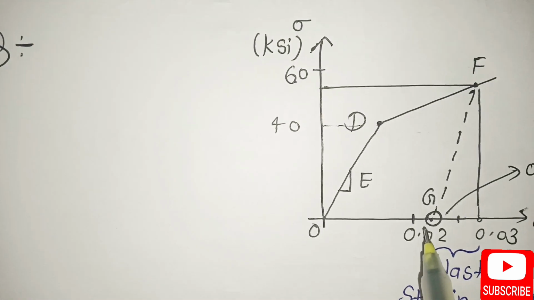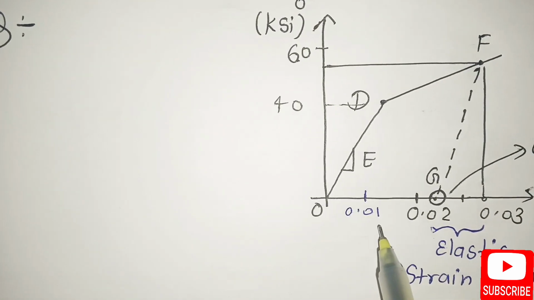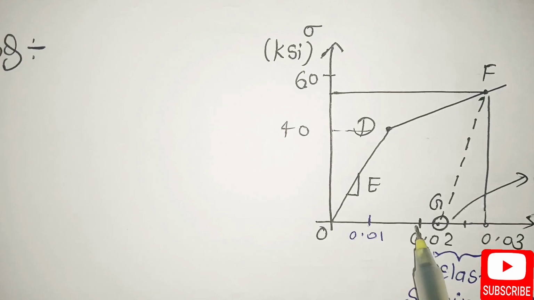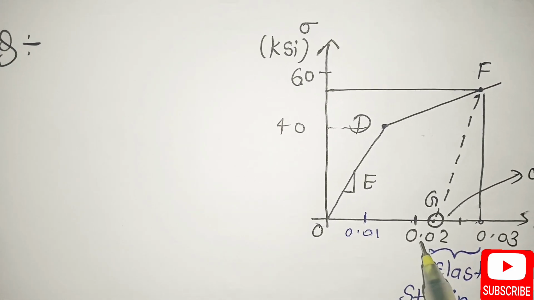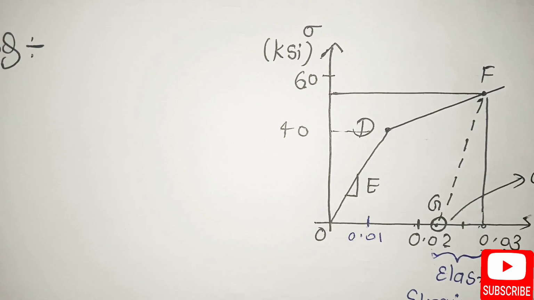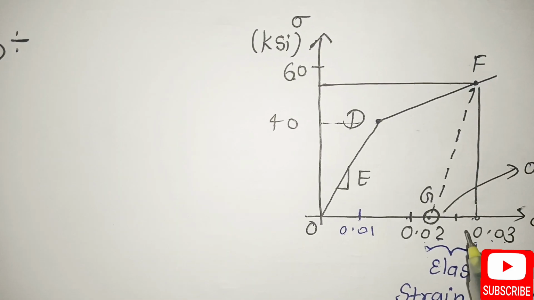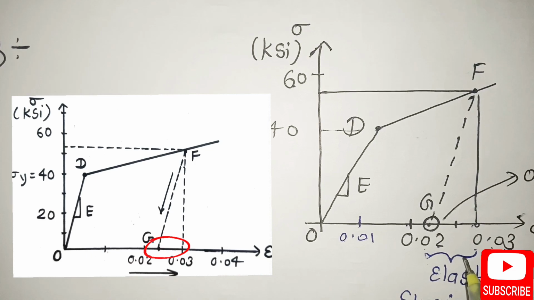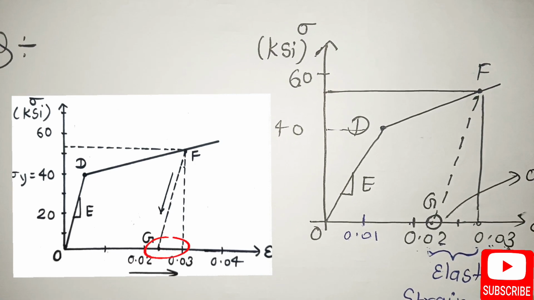You can see that we have markings at an interval of 0.01. So this is 0.01, this is 0.02, and this is 0.03, and the point G lies between 0.02 and 0.03. Although it is not very clear here, in the actual graph you can see that point G is lying at the midpoint of 0.02 and 0.03.